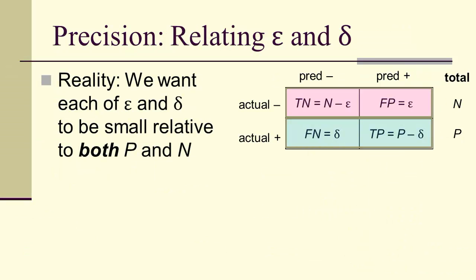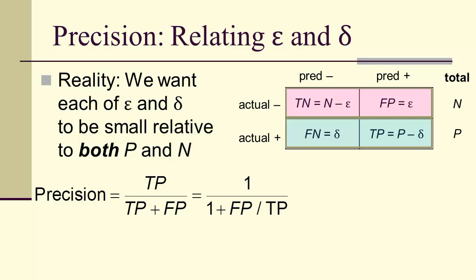But for right now, remember that our goal was to somehow be able to relate the epsilon and the delta. So let's do this little calculation. The precision is true positive over true positive plus false positive. Let's divide throughout by the true positives. And putting back in our numbers, you can see those in the table up there.